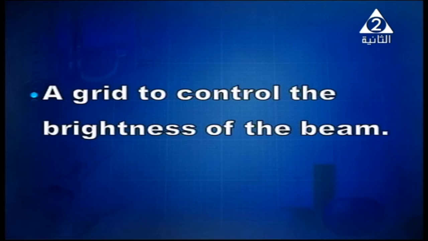Then we've got a grid. And what about the grid? The function of the grid is to control the brightness of the beam. How? It controls the number of electrons that pass through the grid. So the grid controls the brightness of the beam.